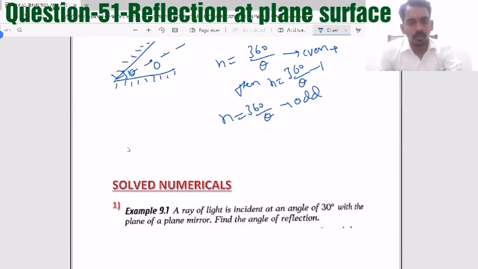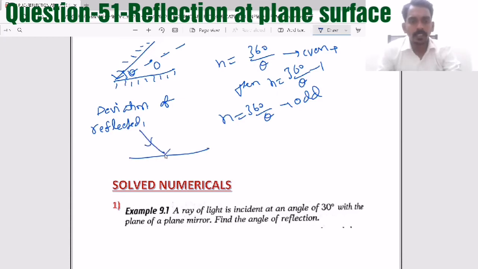Now, one more thing you should remember is the deviation of reflected light. See, when there is light falling and getting reflected, this is the original path and then it got reflected like this. Then what is the angle? This is i, and this is also i.